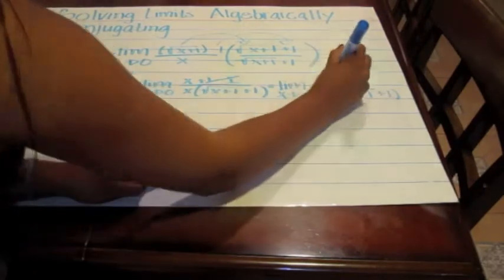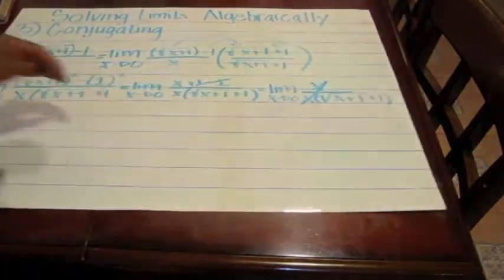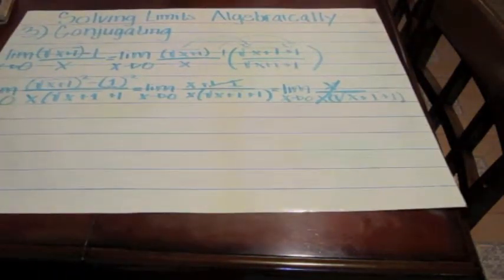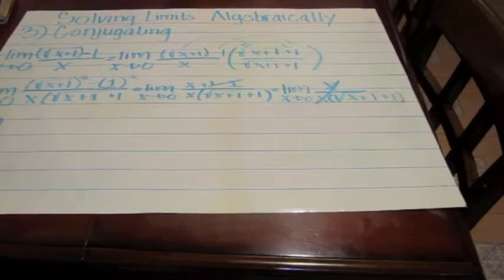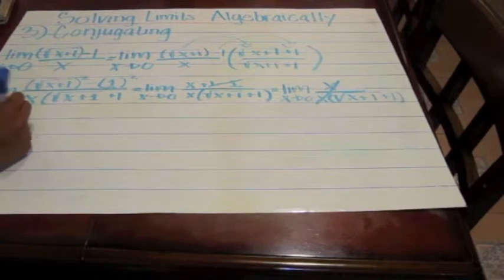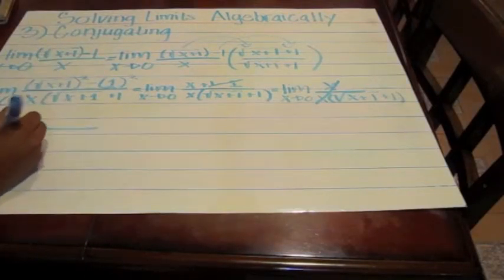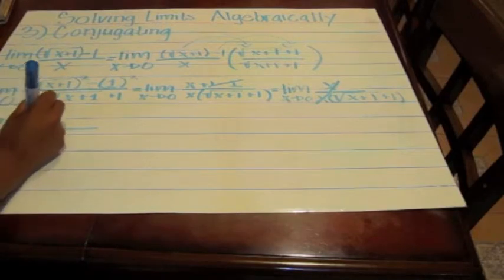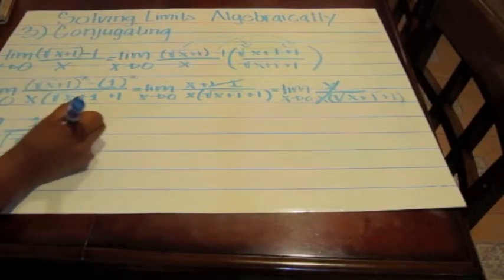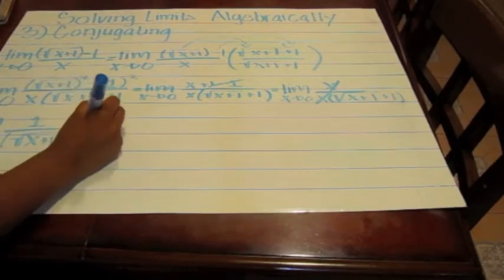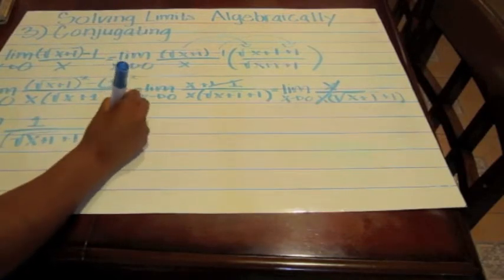We can once again cross out the x's to simplify, which leaves us with the limit of 1 over the square root of x plus 1 plus 1 as x approaches 0, because remember there's an invisible 1 when we cross out the x.